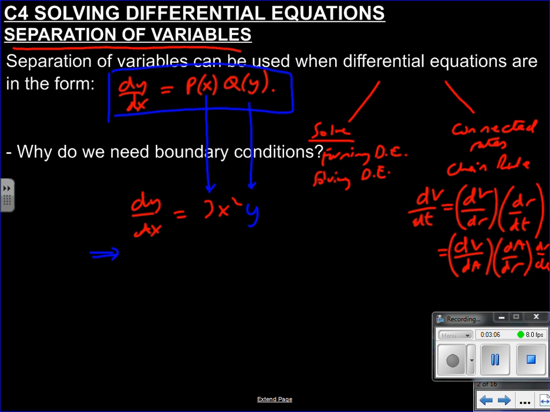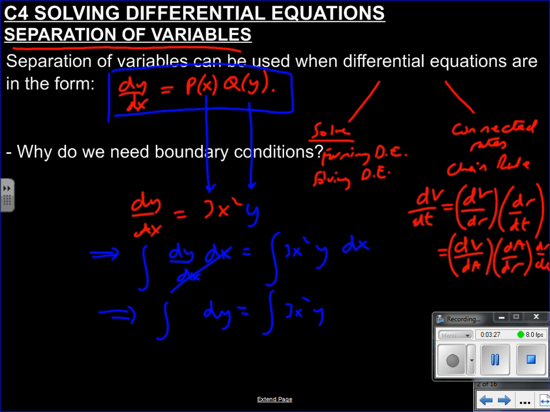So let's see what I mean by that. If we differentiate the left-hand side with respect to x, we have to differentiate the right-hand side with respect to x. You see? dx by dx cancel, in inverted commas, and you're left with integral dy is integral 3x squared y dx. But we can't integrate this y section because we're only interested in x variables.